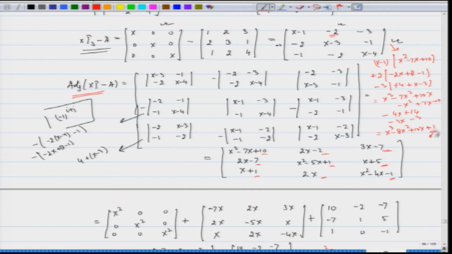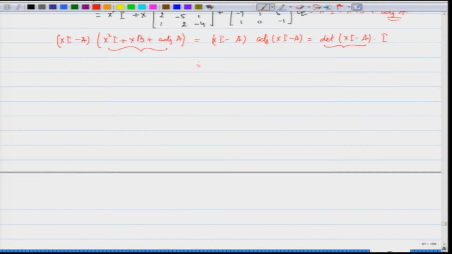So, this is the same as minus determinant of A, all right, fine. So, this is equal to x cube minus 8x square plus 10x minus determinant of A, whole times identity, fine.